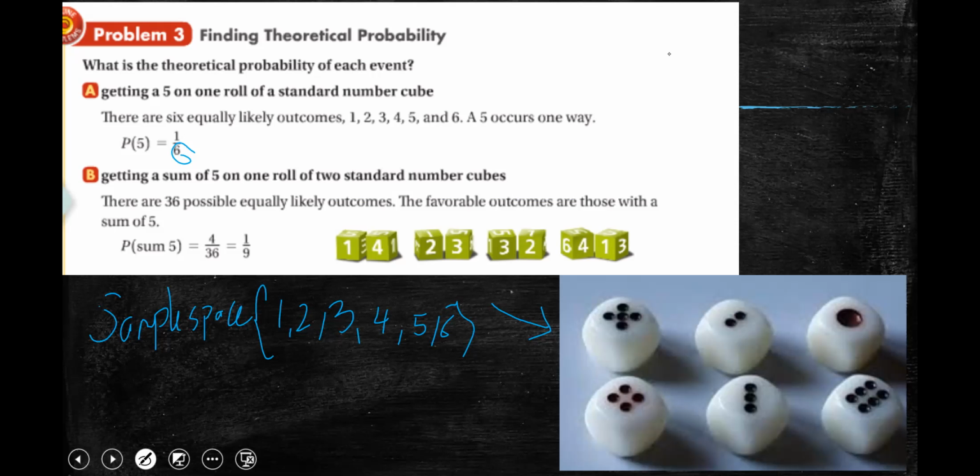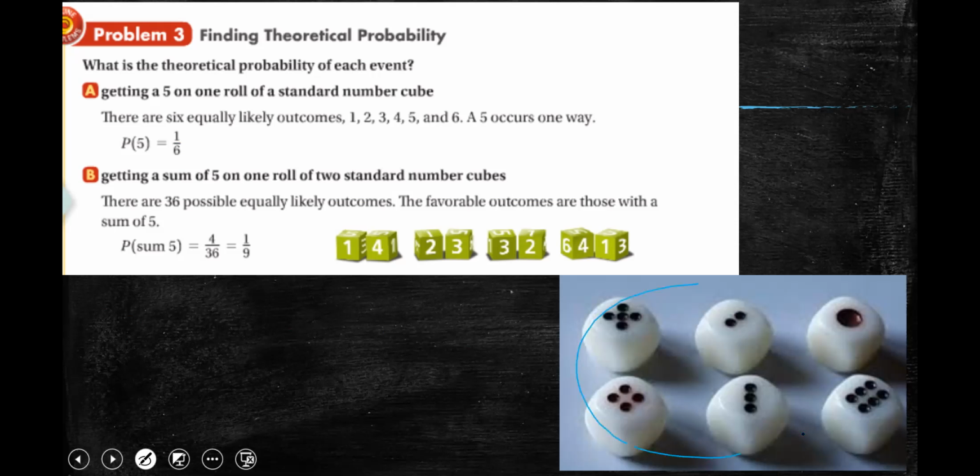Now, the second one, getting a sum of 5 on one roll of 2 standard number cubes. Here, in this example, we have 2 number cubes. So, since we have 2 number cubes, how many possible outcomes do we have? 4? Here we have 2 standard number cubes.